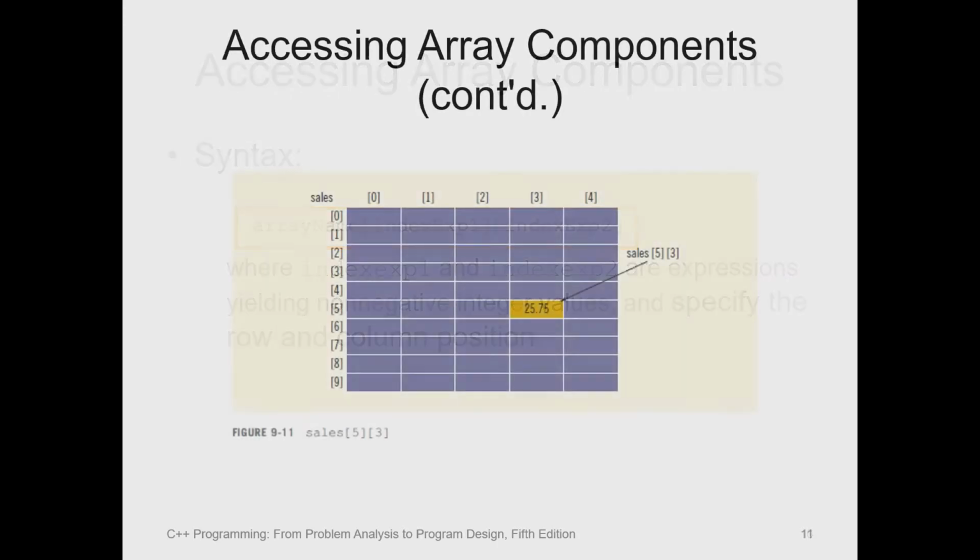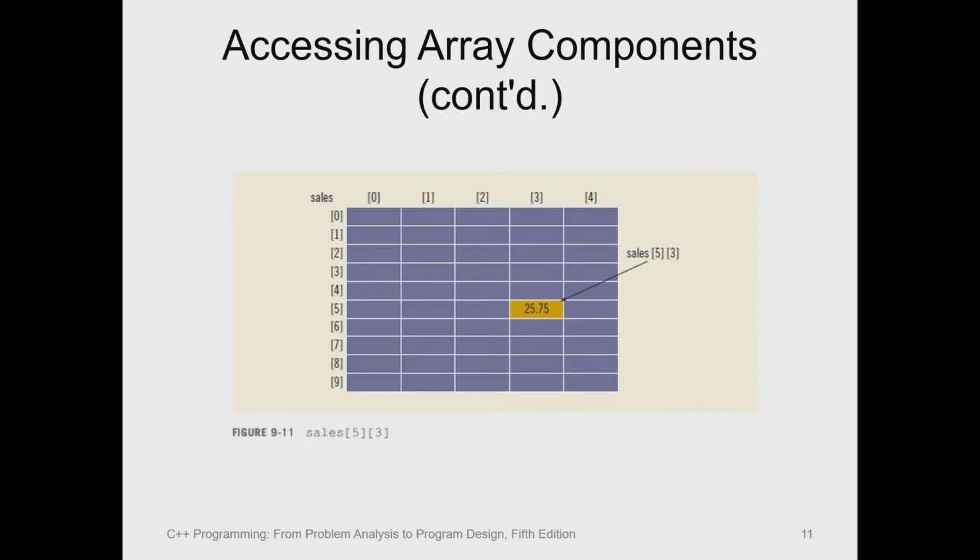We can also initialize the values or the elements of a two-dimensional array during the declaration. Let's have this example. We have an array named board, and we have a row size equivalent to 4 and a column size equivalent to 3. So if you take a look at the size of the array, that's already equivalent to 12 elements.